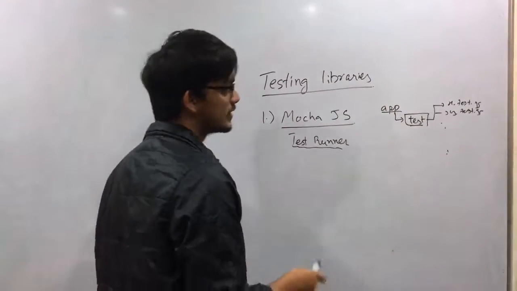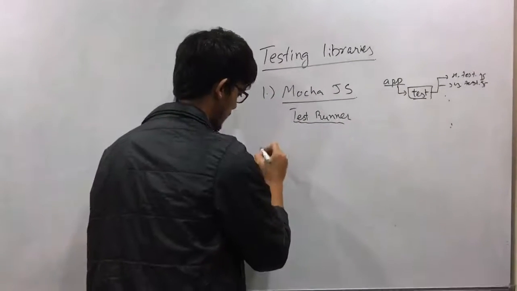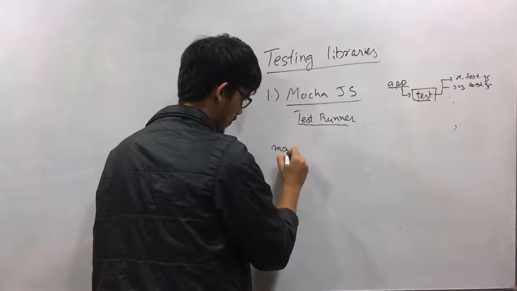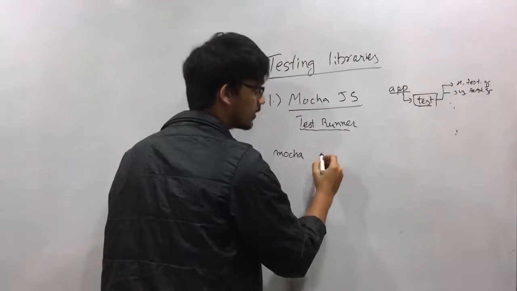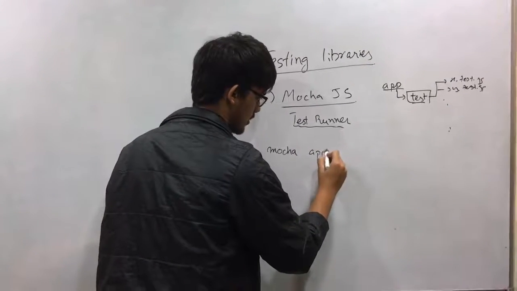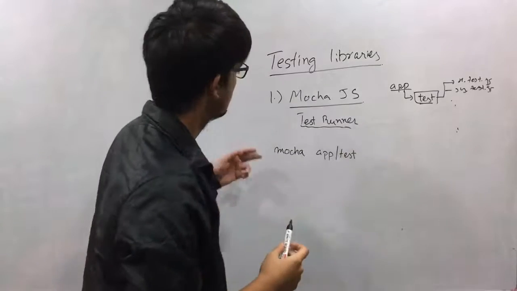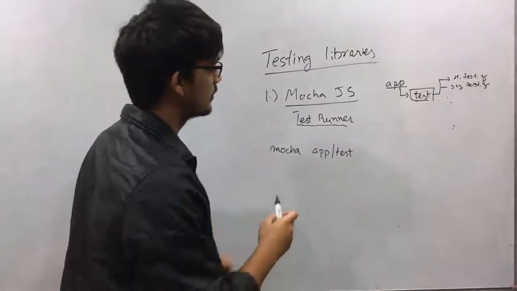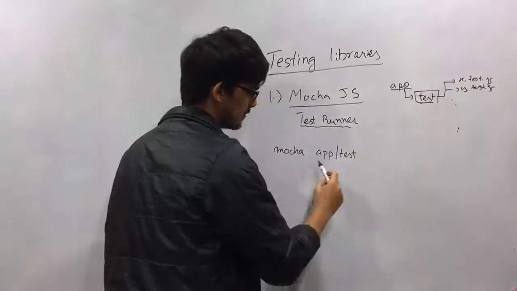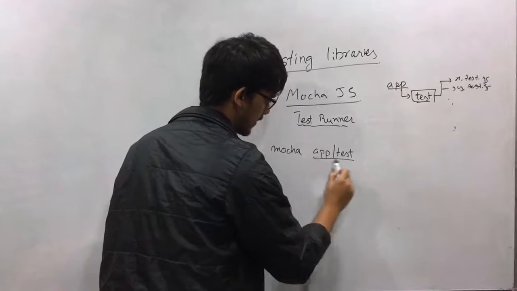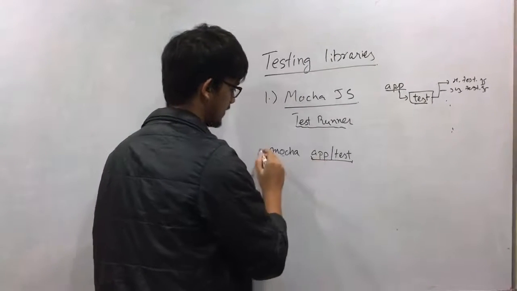So suppose I want to run these test cases, I will type in my command line mocha app/test. This will tell the Mocha library that I want to test my test cases which are lying in this directory and run the test cases.